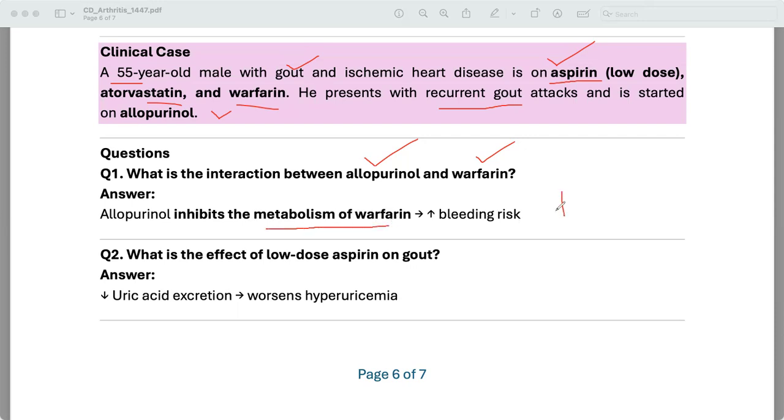If the metabolism of warfarin is decreased, the drug builds up in the body, leading to toxicity, and the toxicity of warfarin is increased bleeding risk, internal bleeding or hemorrhage.